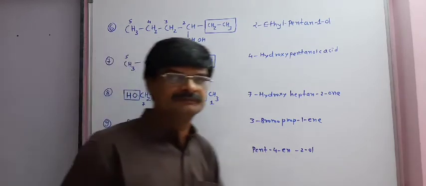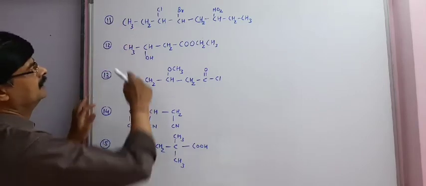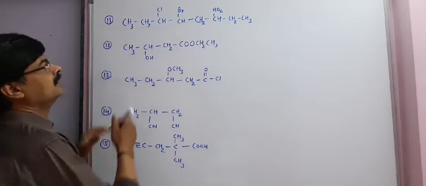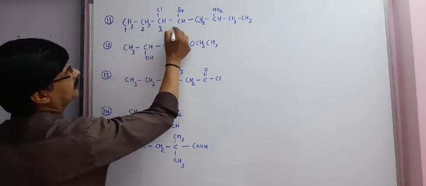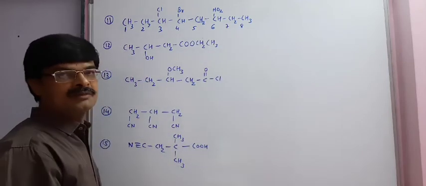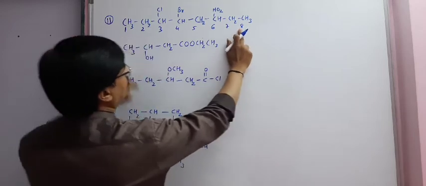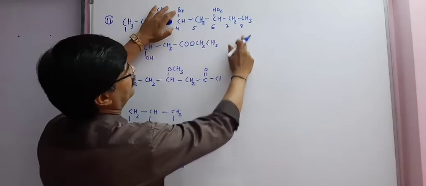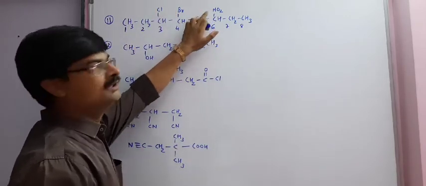Now next. Now the IUPAC name of the next compound, 11th number. First of all, we will decide the longest possible chain of carbon atoms: 1, 2, 3, 4, 5, 6, 7 and 8. So the longest possible chain of carbon atoms is found to be 8, octane. Now on third number carbon we have a chlorine group and on fourth number carbon we have a bromine group, as well as on sixth we have a nitro group.